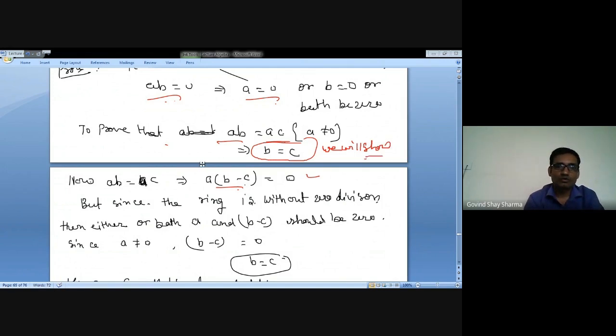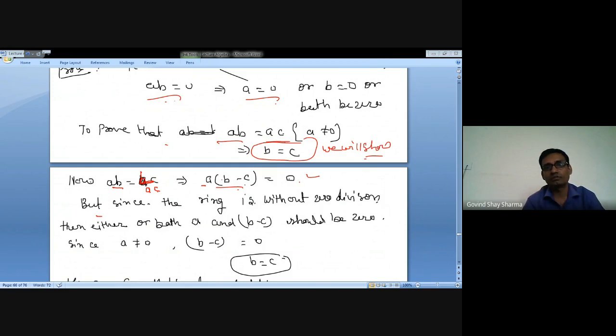So AB is equal to AC. Then it implies A taken common, B minus C is equal to 0. Since this is a ring without zero divisor, the product of two elements being 0 means A is equal to 0 or B minus C is equal to 0.